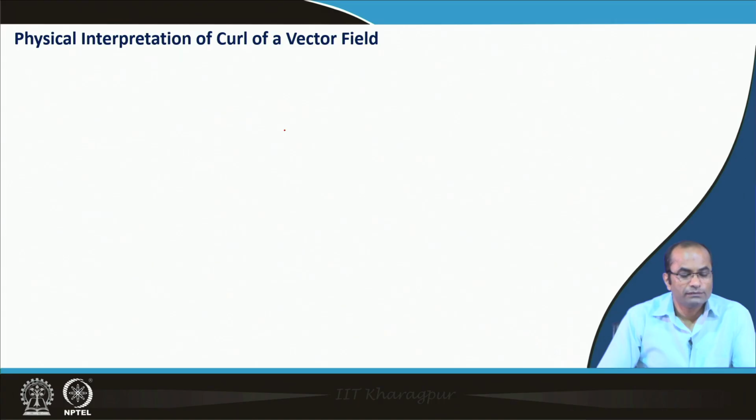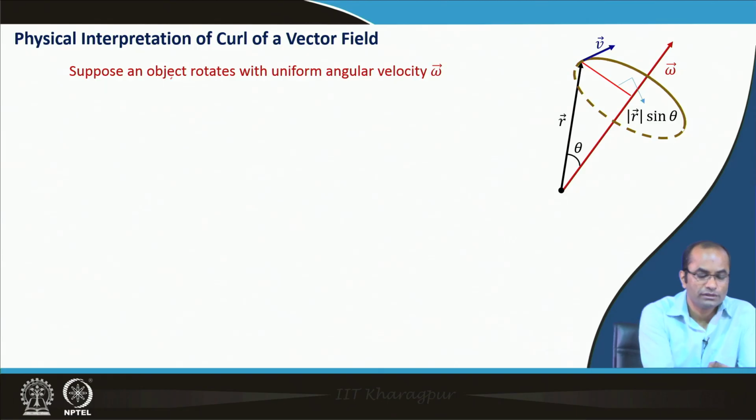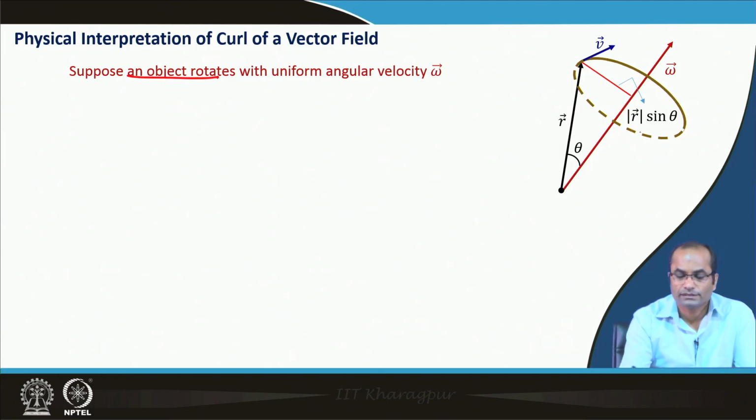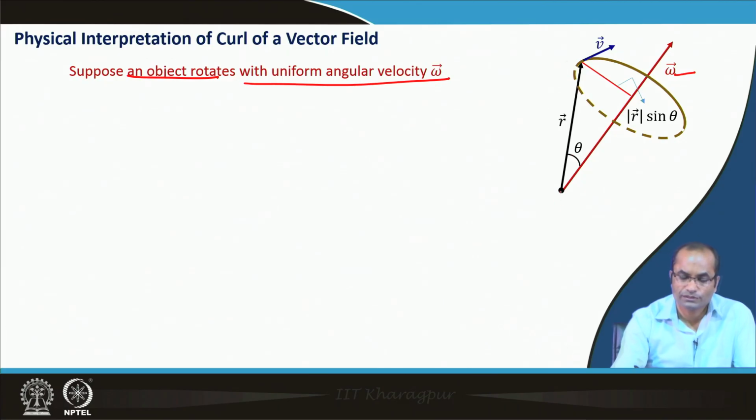So, coming to the physical interpretation of the curl of a vector field, we suppose an object here rotates, clockwise or anti-clockwise in this situation, with a uniform angular velocity omega. So, we have the angular velocity given here, we have the tangential velocity, and this is the angle theta with the axis of rotation. The circular path here is given by the r vector, and then we have the radius of that circular path.